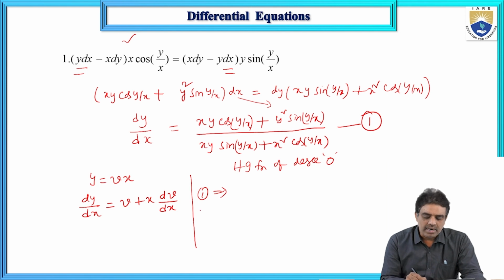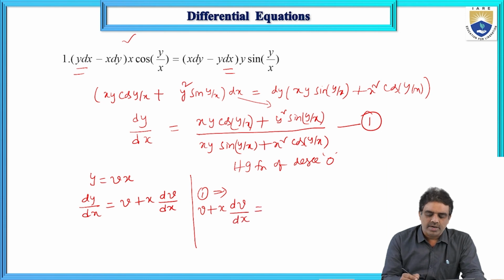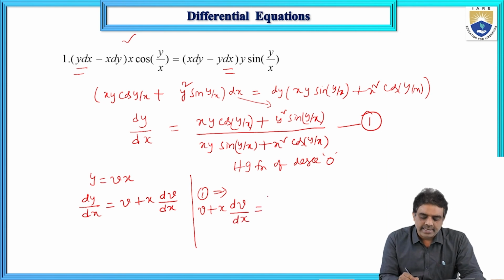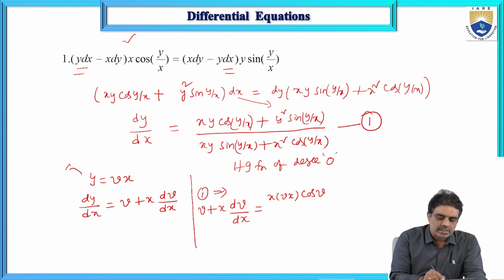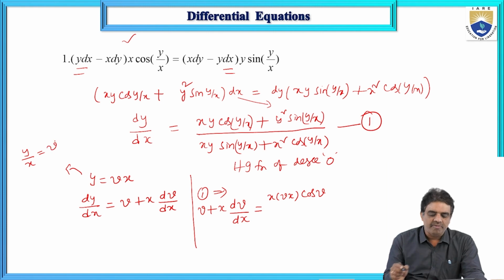dy by dx gives v plus x dv by dx is equal to, on the right hand side, x and y replaced by vx, and cos of y by x can be written as cos v. y by x is replaced by v.